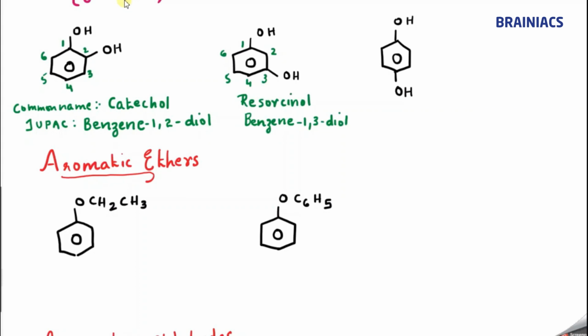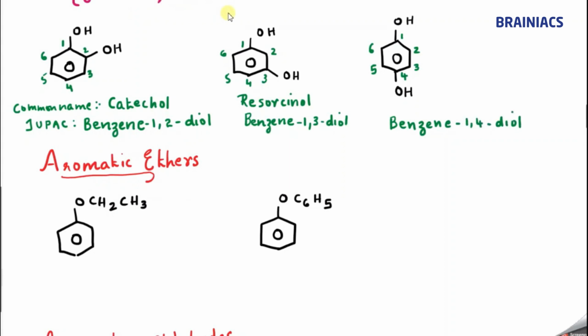Resorcinol. Very very important. Now can you tell me, now the OH group is at para position. Again I am going to number it 1 2 3 4, and here also you can continue numbering 5 6. So what is the IUPAC name? Benzene-1,4-diol, correct?